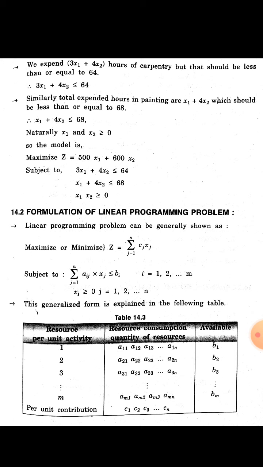So the mathematical model is: maximize Z equal to 500 x1 plus 600 x2 subject to 3x1 plus 4x2 less than or equal to 64, and x1 plus 4x2 less than or equal to 68, and x1, x2 greater than or equal to 0. This is the linear programming mathematical model formulation. The formulation of linear programming problems we will discuss in the next lecture. Thank you.